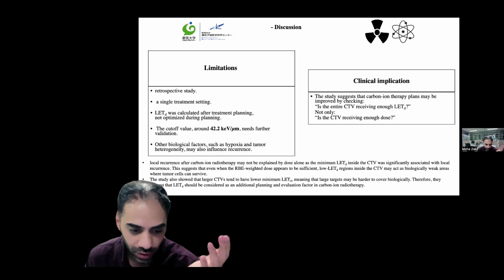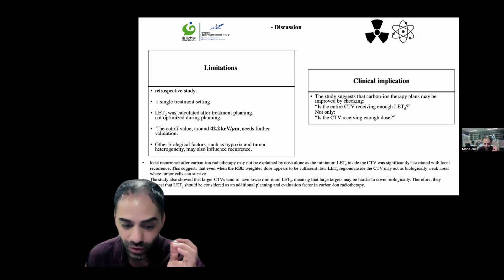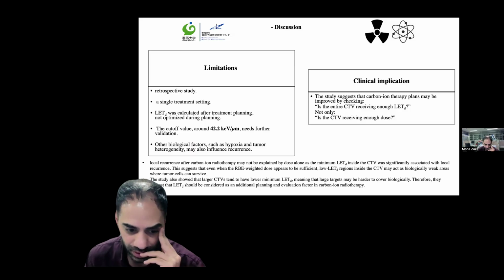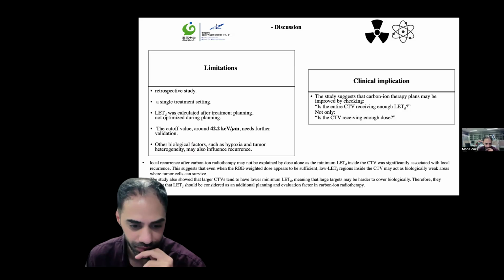We should also see if the entire target volume, CTV or GTV, is receiving enough dose average LET as well. So we should not ask only if the carbon ion therapy plans receive enough dose. We should definitely consider dose average LET distribution.